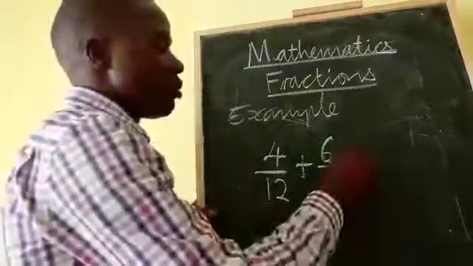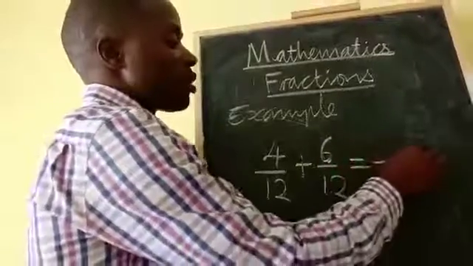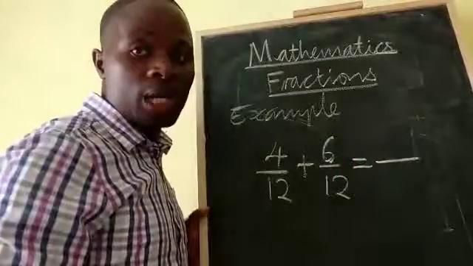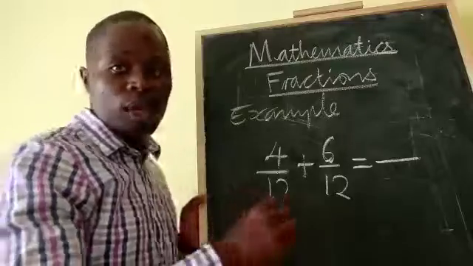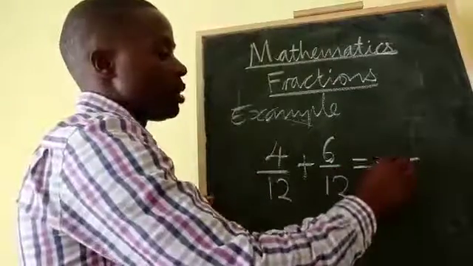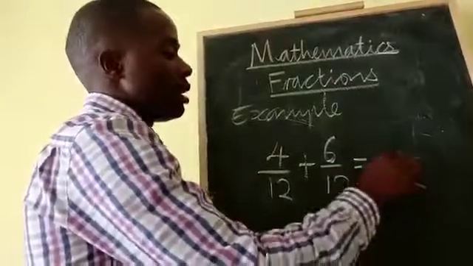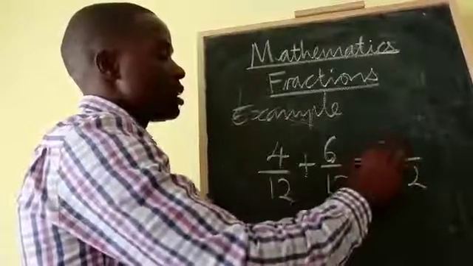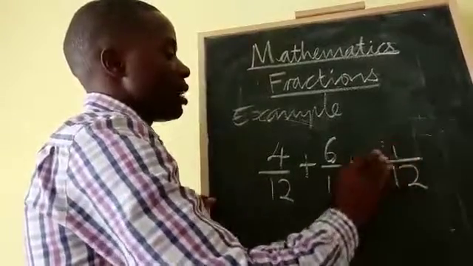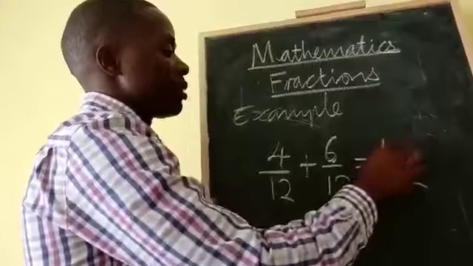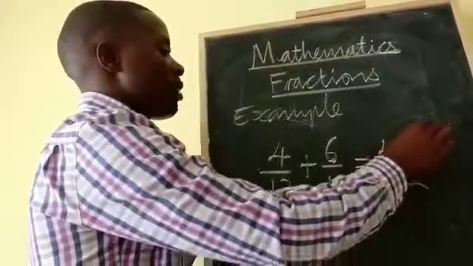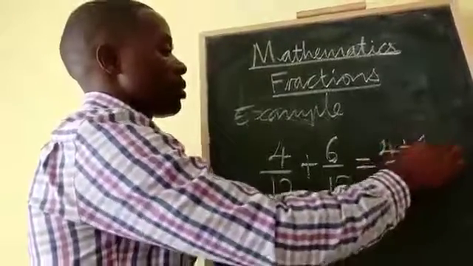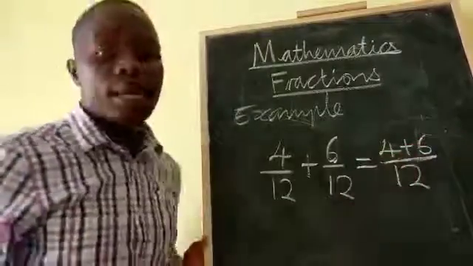So in this case, we'll put the equal sign. We draw the symbol for division. Now this will be 12 down here. Then here we are going to add 4 plus 6.